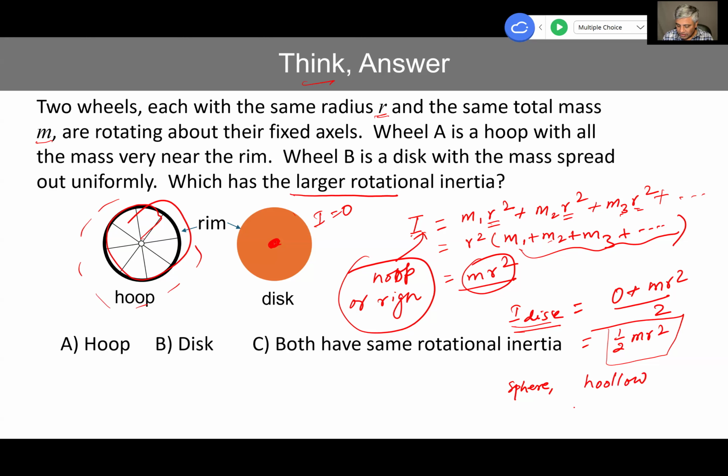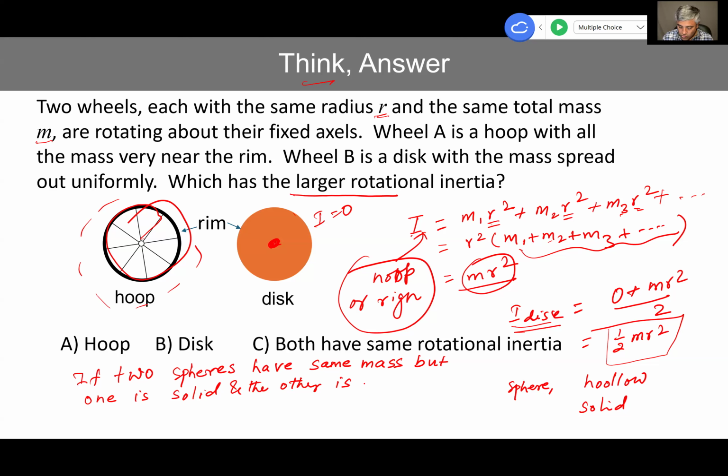so I'm making a clicker question here, okay? If two spheres have the same mass, but one is solid and the other is hollow, which has larger rotational inertia?